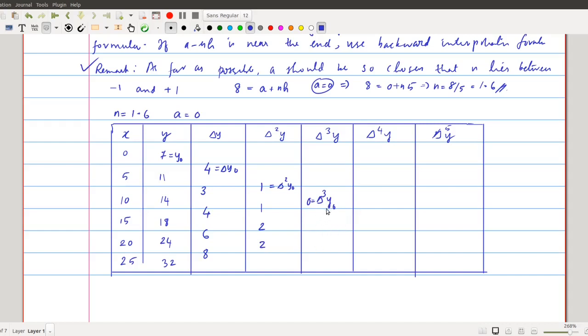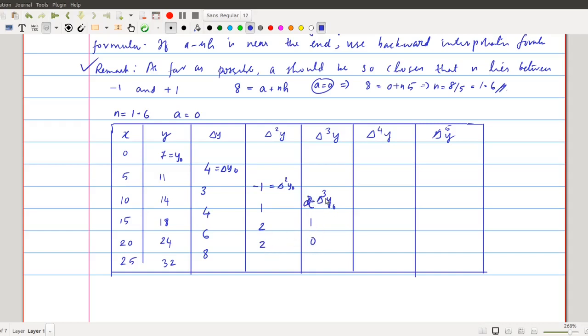Delta cube y0, sorry, this will be 4 minus 3, that is 1. Here we have minus 1, because 3 minus 4 is minus 1, and this minus this will be 2. The difference between 2 and 1 is 1, and 2 minus 2 is 0.